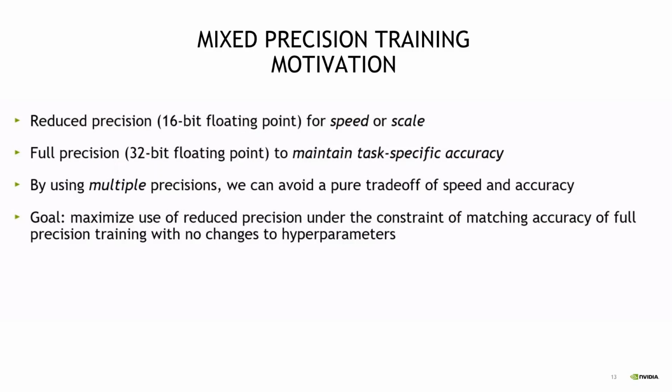So the goal is to combine the benefits of multiple precisions. Combining these two approaches, we get mixed precision training, and we can maintain complete task specific accuracy with higher training speed. This approach can be applied to any models: image classification, natural language processing, or generative models.